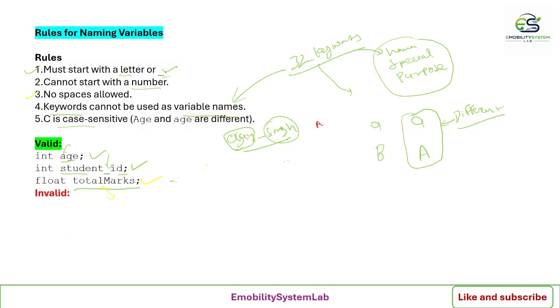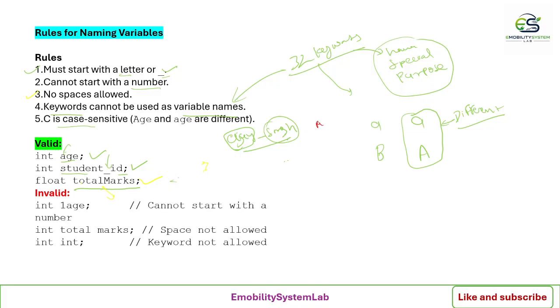So let's see what the invalid variable names are. The first one is invalid because it is starting with a number, and in the second rule we can clearly see your variable name should not start with a number.